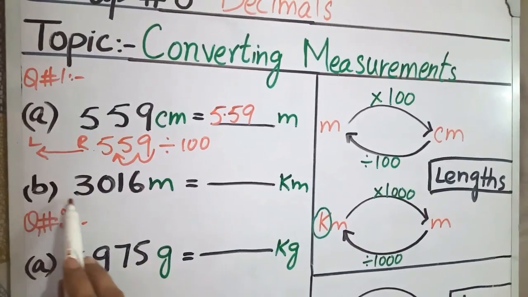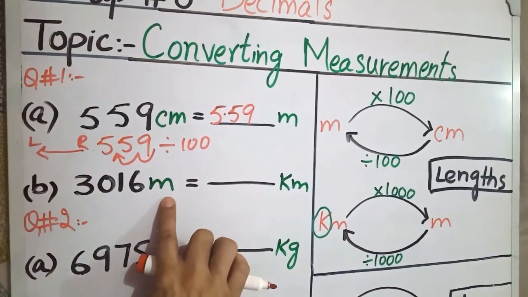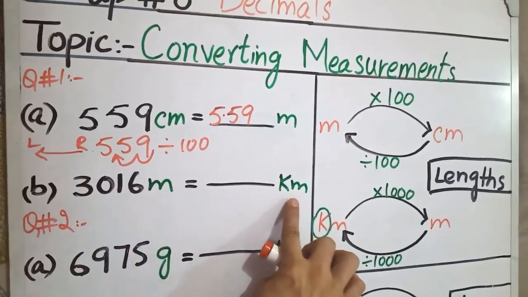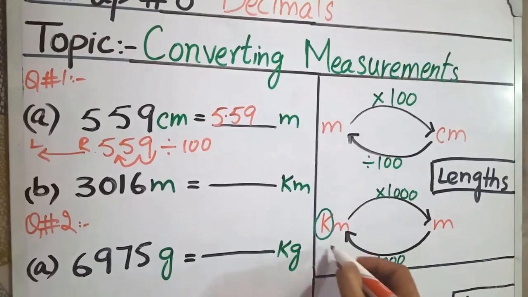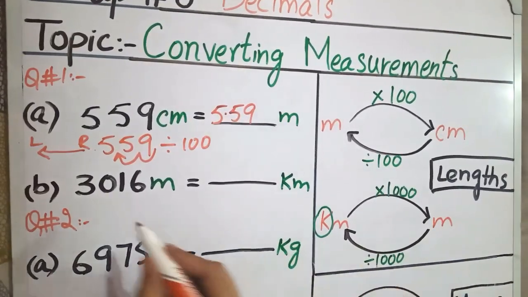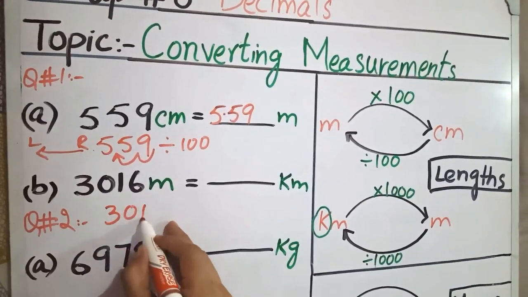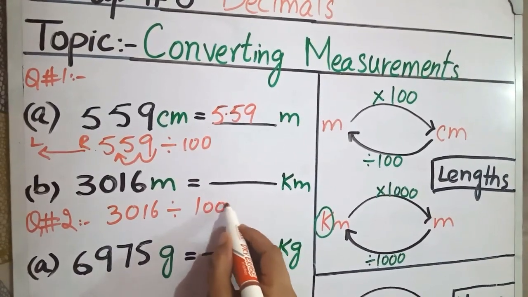Now see the B part. We have 3016 meters being converted from meter to kilometer, and it is being divided again by 1000.